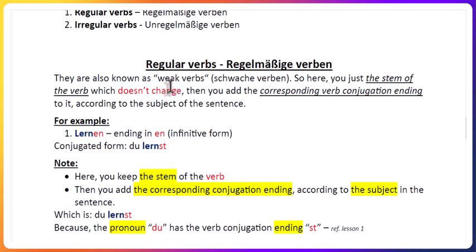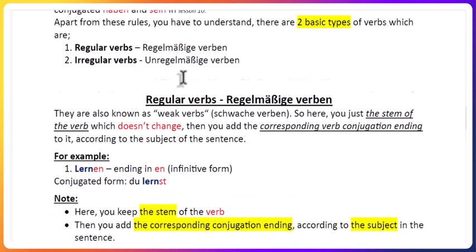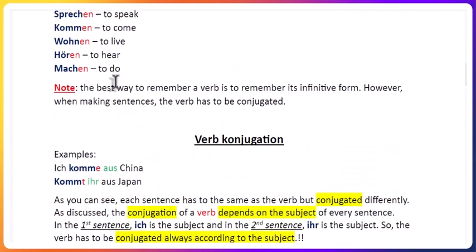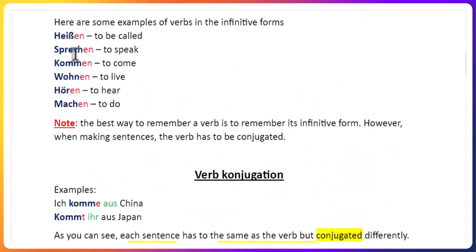Regular verbs are called weak verbs because the stem of the verb doesn't change. The stem of the verb comes before the ending of the infinitive verb, which is n or en.